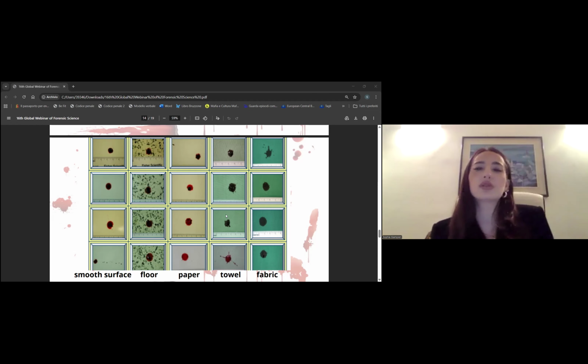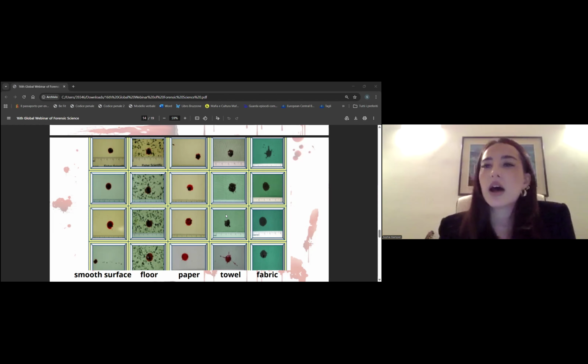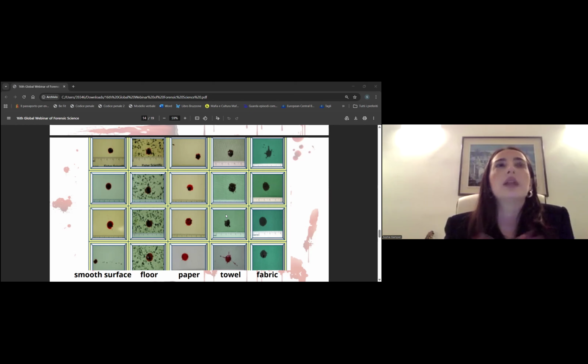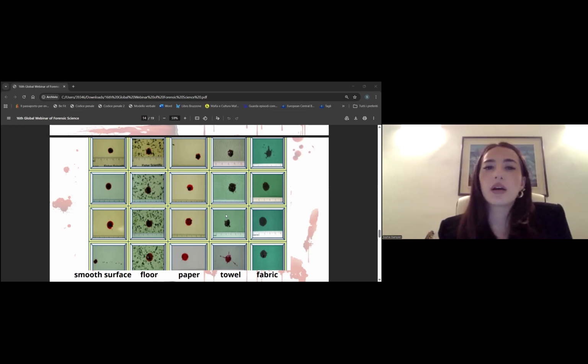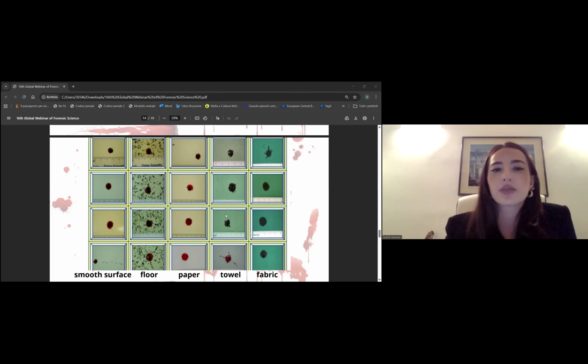Different types of surface can be distinguished, as I mentioned here: smooth, raw, porous, and made of different materials like paper, fabric, glass, and also wood. If you drop a drop of blood from the same height onto substrates of different nature, you can observe a substantial difference in the contour of the spots that form.